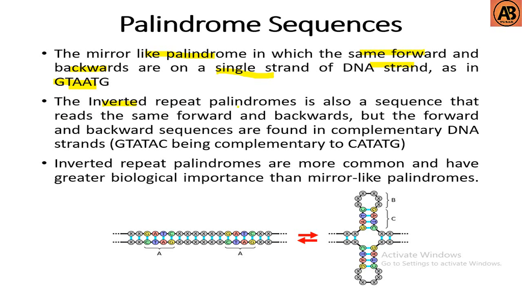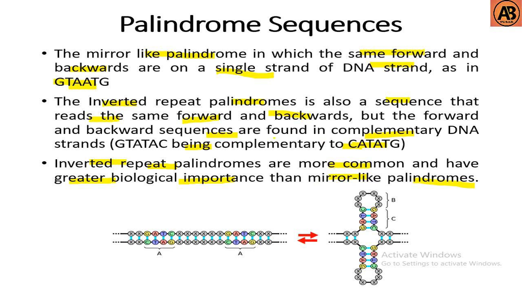The inverted repeat palindrome is also a sequence that reads the same forward and backwards, but the forward and backward sequences are found in complementary DNA strands, GTATAC being complementary to CATATG. Inverted repeat palindromes are more common and have greater biological importance than mirror-like palindromes.